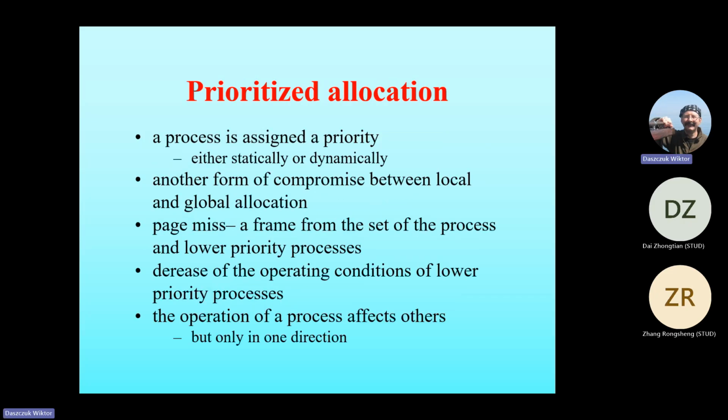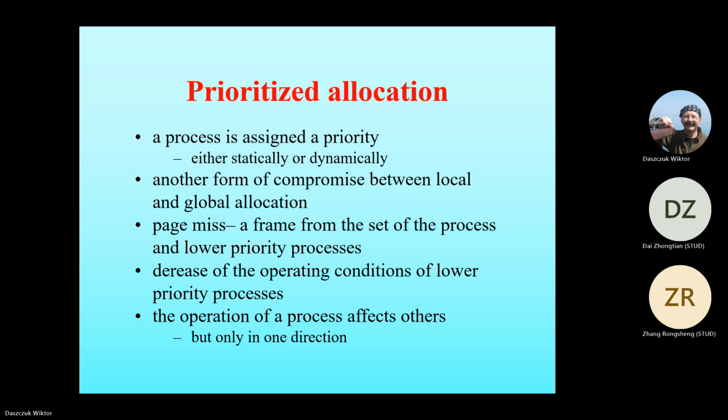Quite often used is fixed prioritized, especially in real-time systems. If we need a frame for a process, a set of candidates is frames of all processes with priority equal or smaller to the current process.